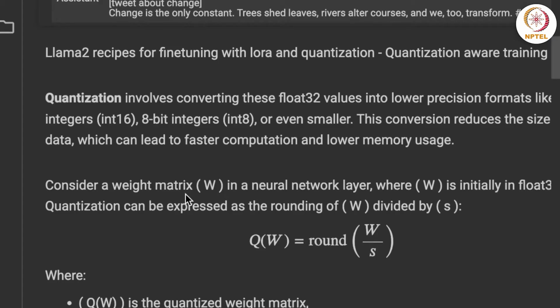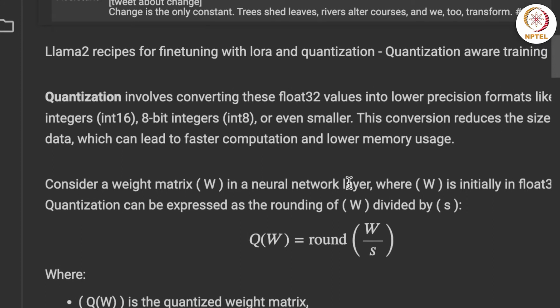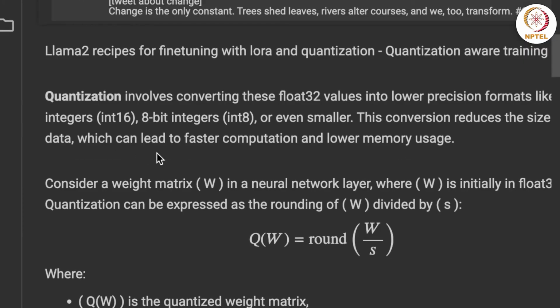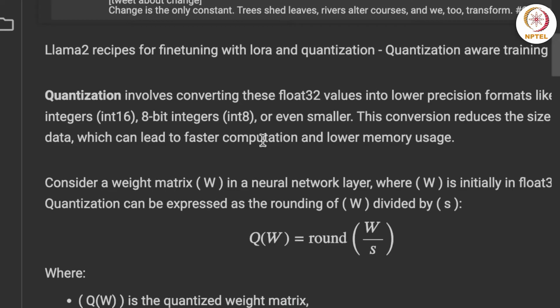What quantization involves is, let's say the original weights, that is the 7 billion parameters, are originally in float 32 format. But we could reduce the precision from float 32 to any precision format, like 16-bit integer, 8-bit integer, or even 4-bit. And these days we are also looking into 1-bit or 1.5-bit integers as well.